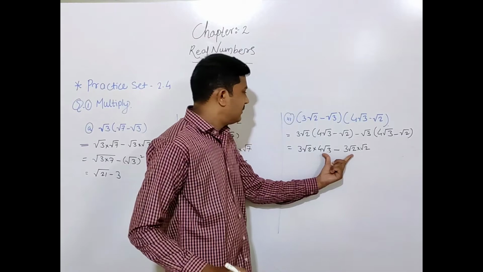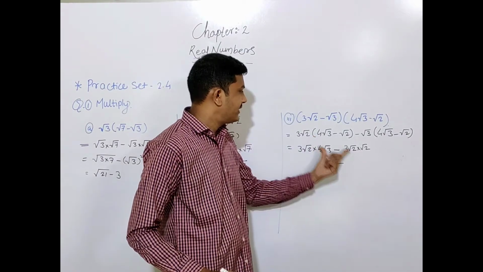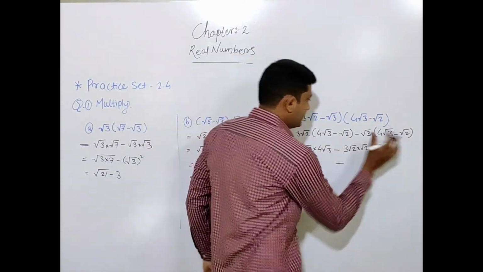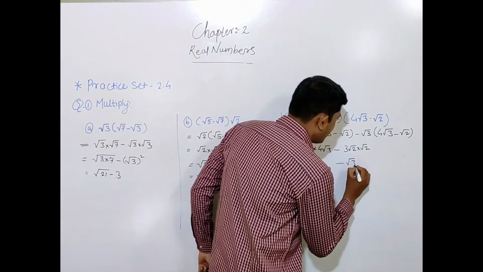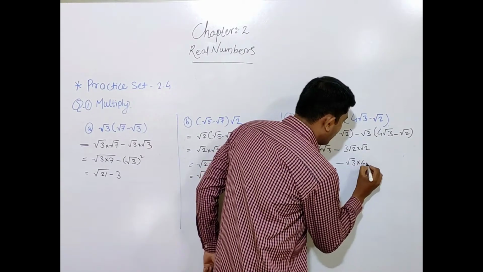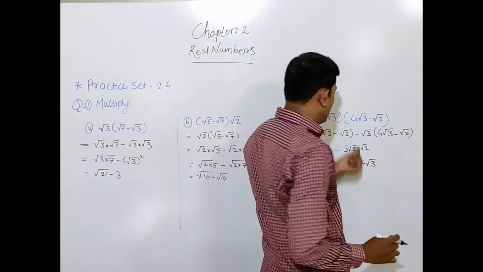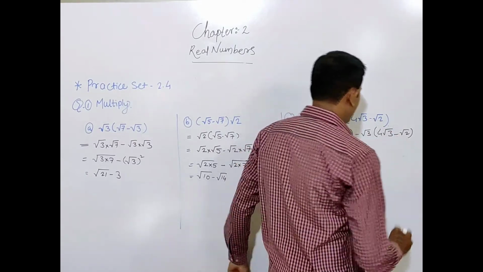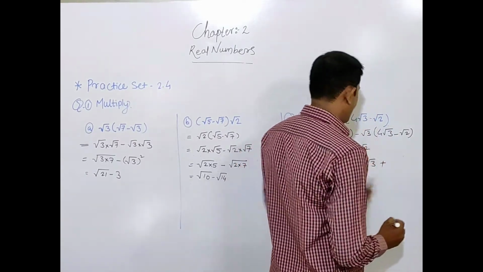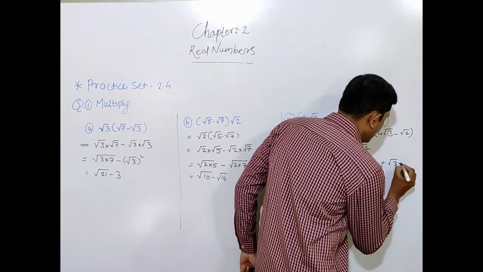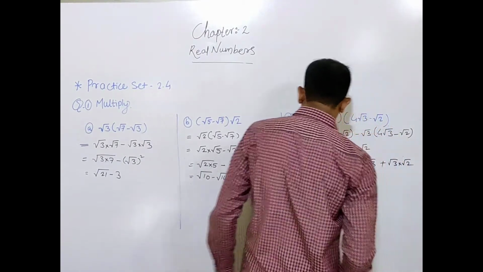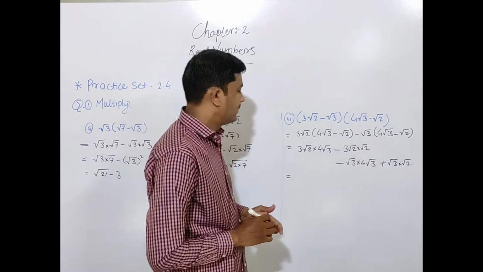This is the simplification of this term. Then for this term, that is root of 3 into 4 root of 3. Now minus into minus will give plus, that is plus root of 3 into root of 2. So what do we get here?